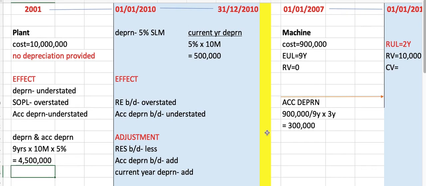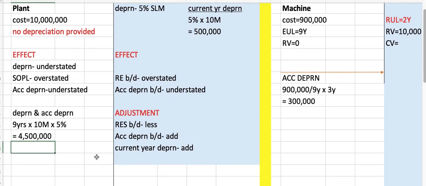So that is a shortage of 4.5 million. When you reduce your retained earnings and adjust your accumulated depreciation, the retained earnings adjustment will be 4.5 million, the accumulated depreciation 4.5 million plus the 500,000 for the current year, and the current year depreciation will be 500,000.